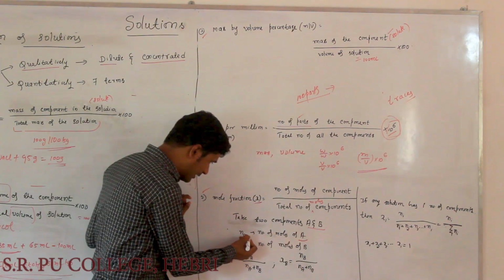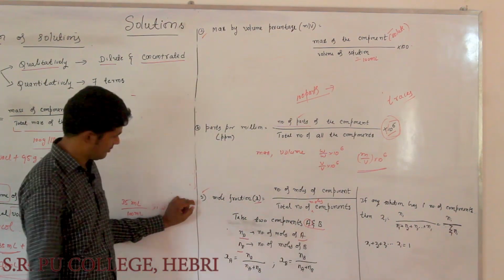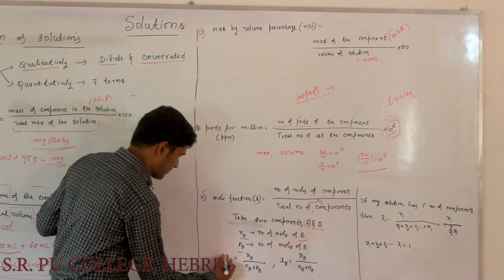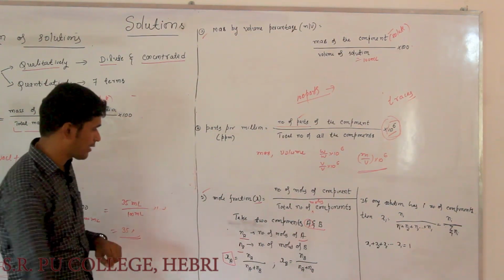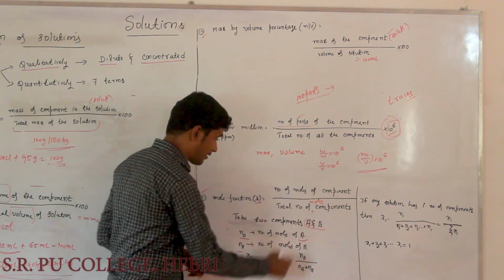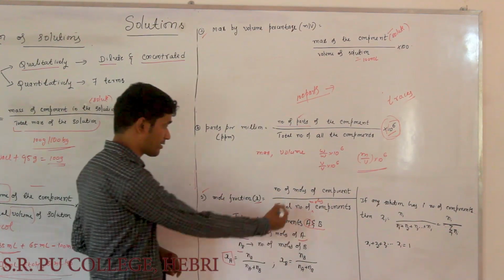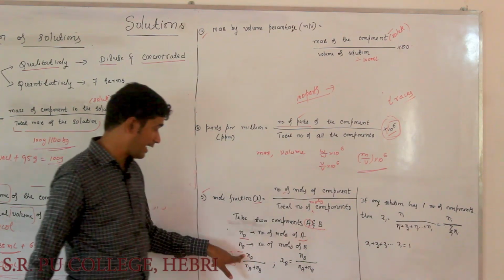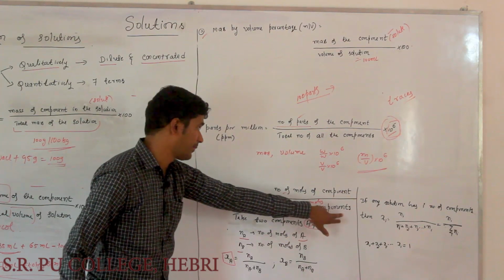Now, if you want to calculate the mole fraction of component A, we write the formula like this: x of A, that means the mole fraction of component A. x of A is equal to the number of moles of component A, which is n of A, divided by the total number of moles of components.